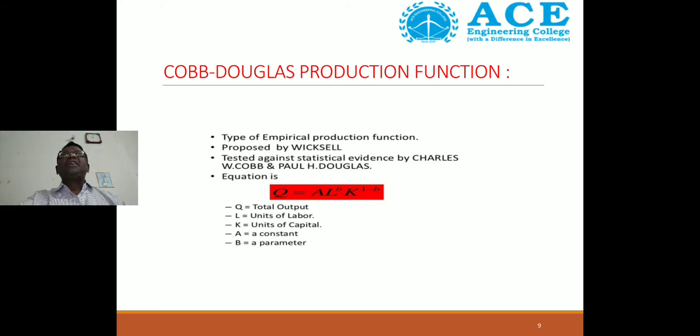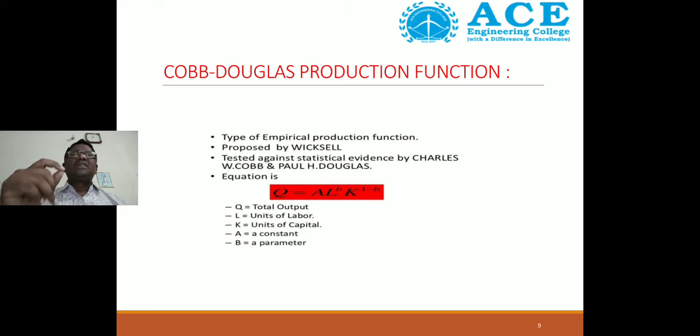Cobb-Douglas production function is an empirical production function. It is proposed by Wicksell and tested by Charles Cobb and Paul Douglas. Then what is the equation? The equation is Q equal to A into L to the power of B into K to the power of 1 minus B. What does each variable indicate?